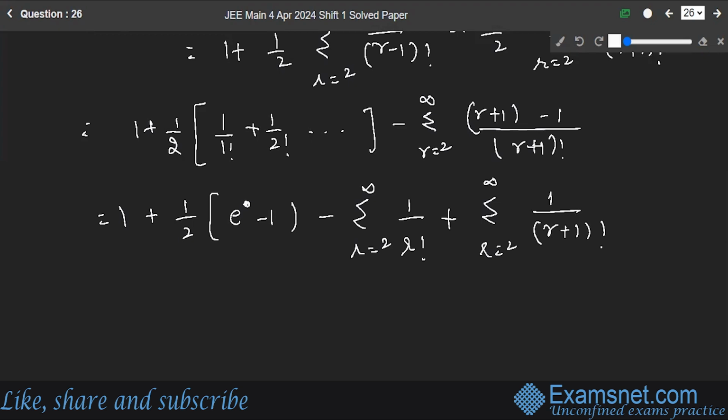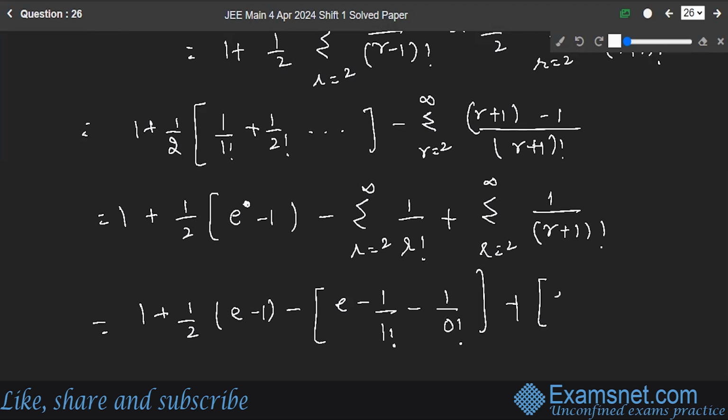Okay, so 1 plus half of (e minus 1) minus this is equal to (e minus 1) upon 1 factorial, 1 upon 0 factorial. Plus this is (e minus 1) upon 1 factorial, 1 upon 0 factorial, 1 upon 2 factorial.